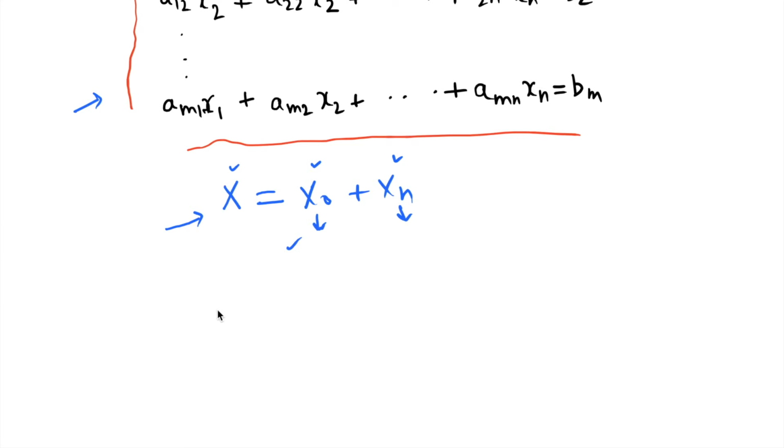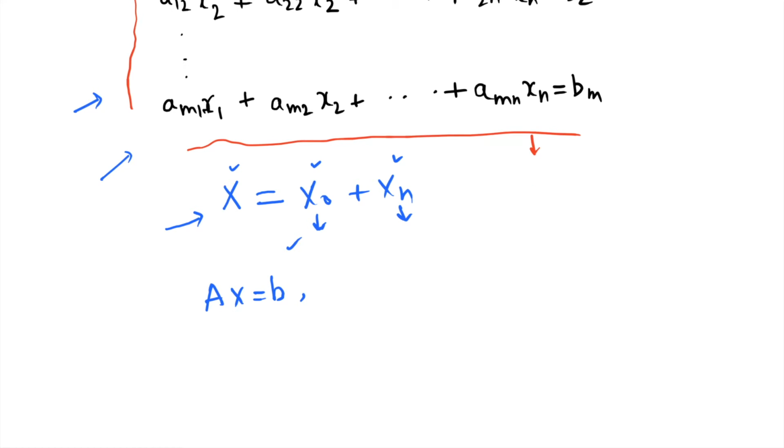Okay, so let's say x is any solution of the non-homogeneous linear system. So we will have Ax equal to b. And let's say x naught is any arbitrary particular solution.